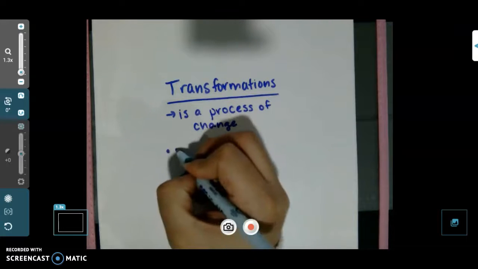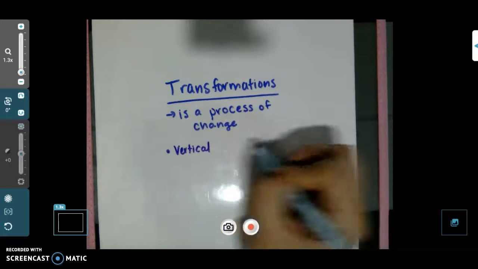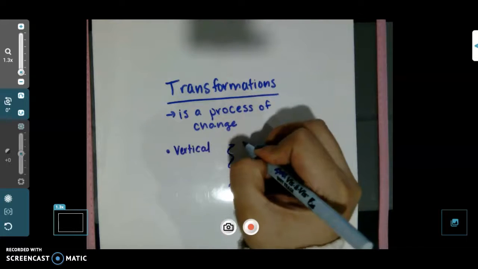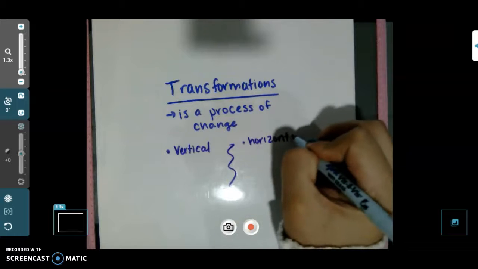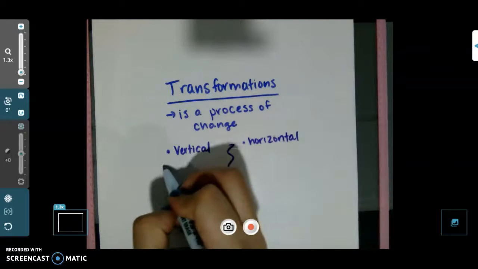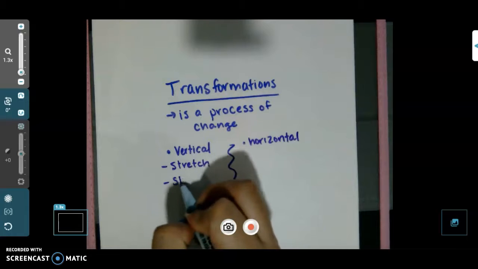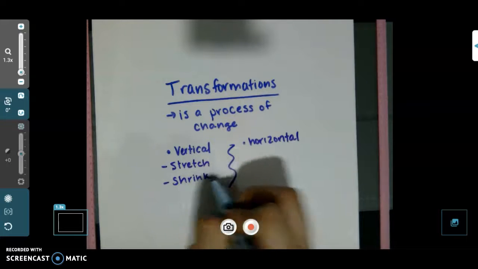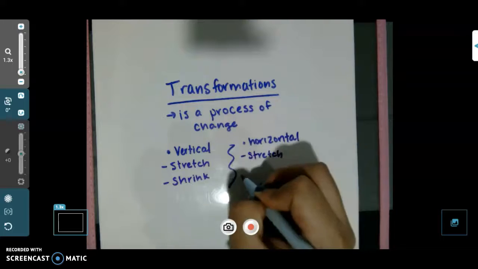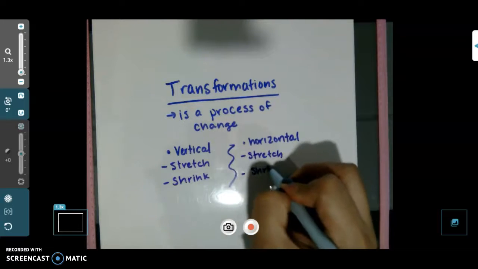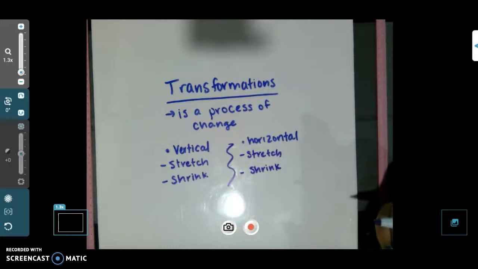There is a vertical transformation, and there's also a horizontal transformation, okay? And each one has a stretch and a shrink. And we're going to talk more about that when we start writing your notes, okay?